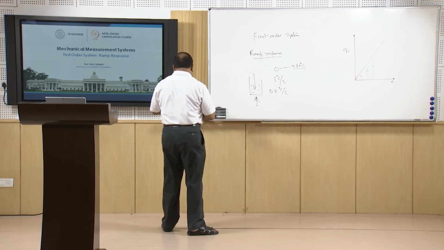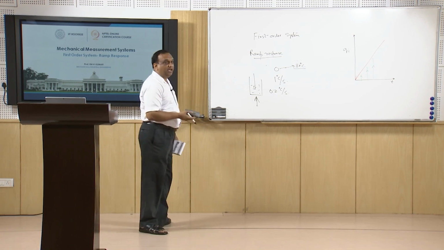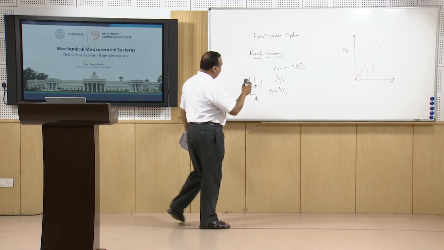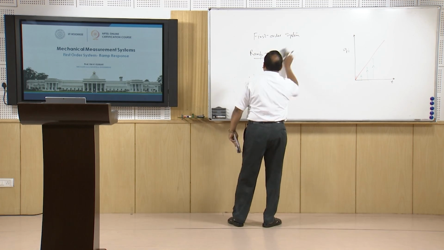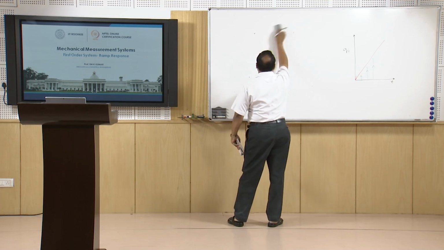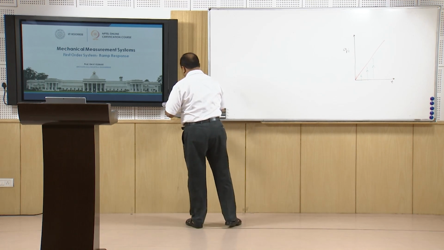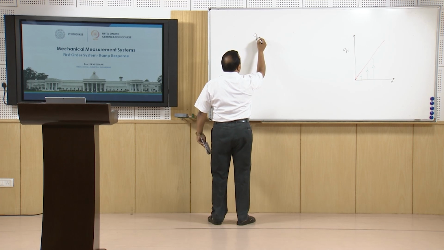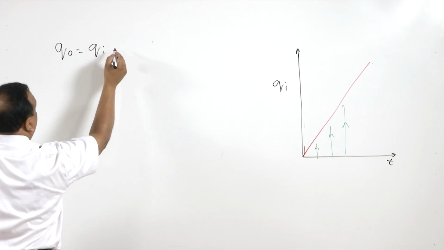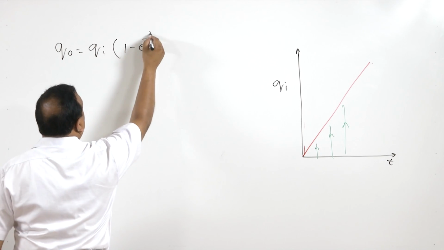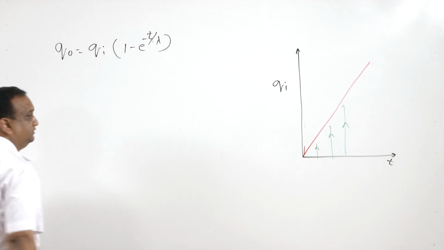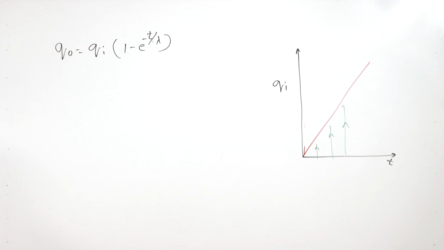So we will do certain mathematical analysis, and again we will start with the basic equation. The basic equation is Qo is equal to Qi times 1 minus e raised to power minus t by lambda. This is the basic equation for the first order system.